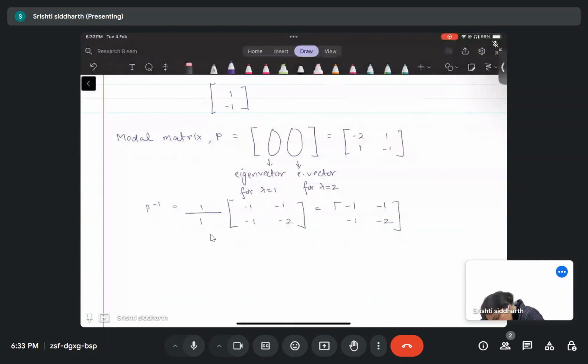Alright, so the Jordan normal form is P inverse AP. Here, minus 2, 1, 1, minus 1. Then we have A, which is 0, minus 2, 1 and 3.